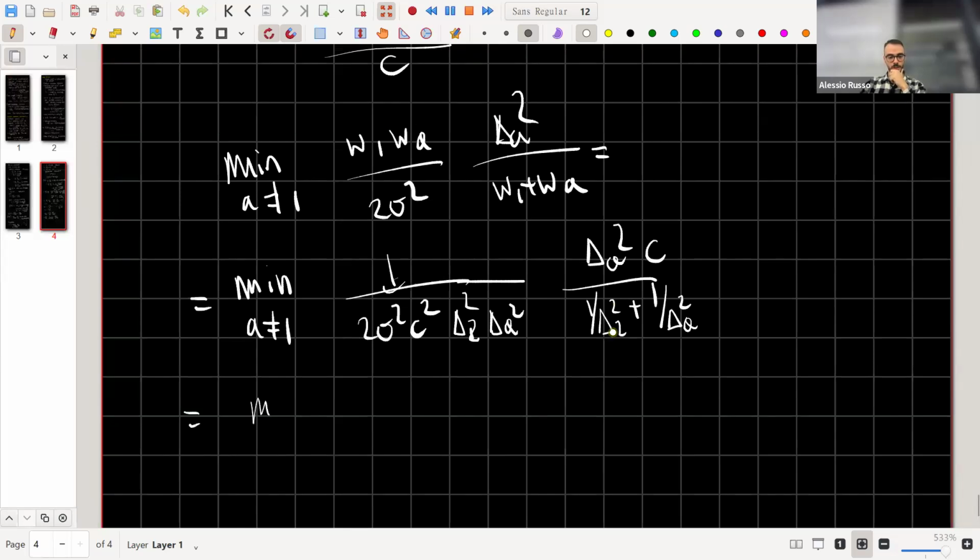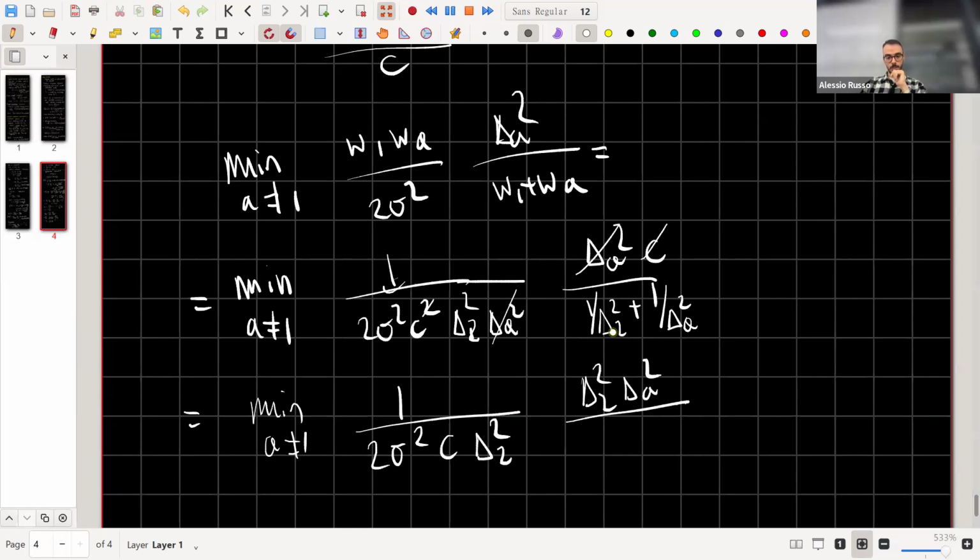So here we just need to simplify. We can simplify the C. We can simplify this delta a squared. Then also here we can simplify. So we get 2 sigma squared C delta 2 squared. Here at the numerator, we have delta 2 squared delta a squared divided by delta 2 squared plus delta a squared.